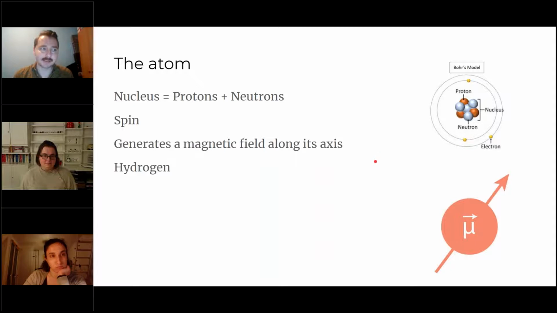Basically, it has the strongest magnetic component in the body, both because of the way its nucleus is set up, and because it is very abundant in the body, since it's in water, and we are around 80% water, including the brain. So in fact, most of the signal that we measure comes from the spins of hydrogen atoms.